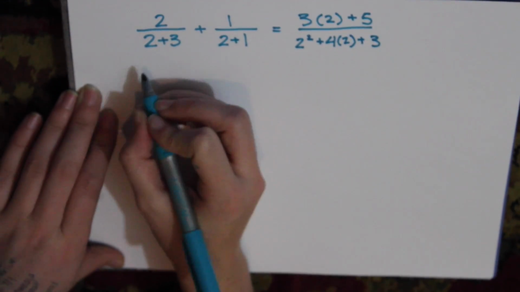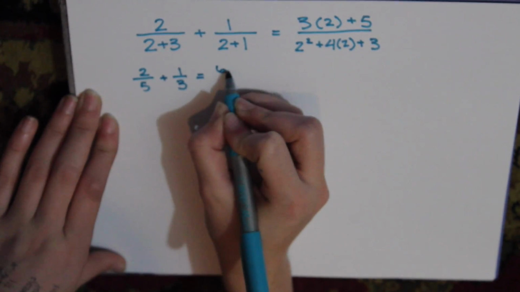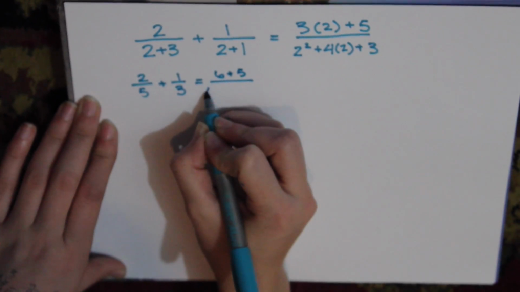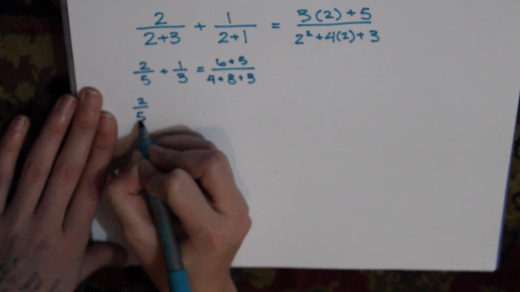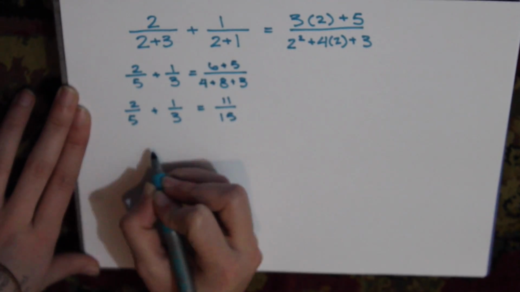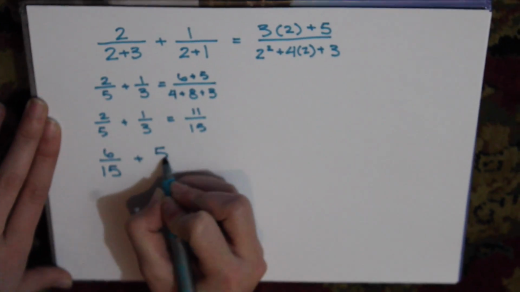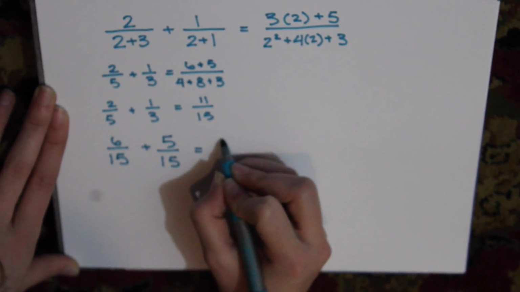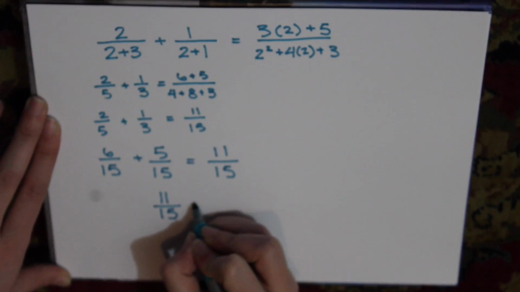So 2 over 2 plus 3 is 2 over 5, plus 1 over 3, equals 6 plus 5 over 4 plus 8 plus 3. 2/5 plus 1/3 equals 11/15. Now we're going to turn 2/5 and 1/3 into things that can work together, so we get 6/15 plus 5/15 equals 11/15. And when you add 6/15 and 5/15 together, that's 11/15.